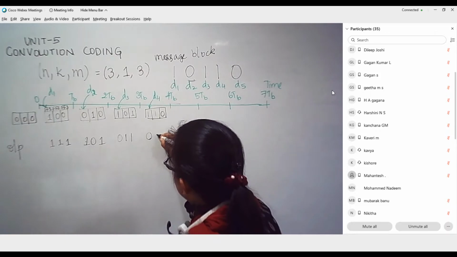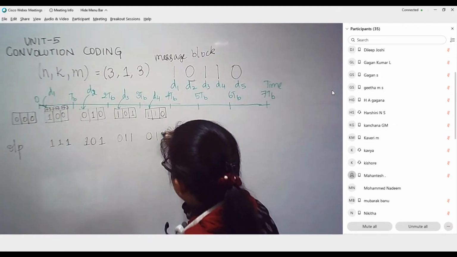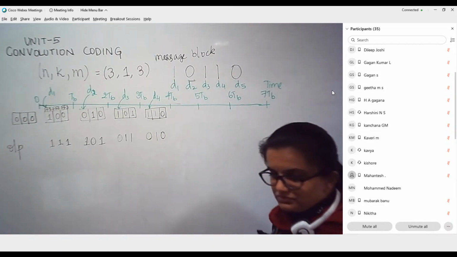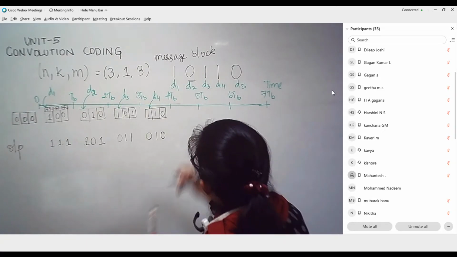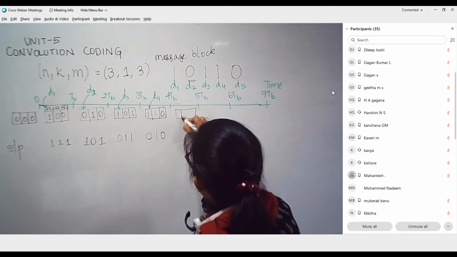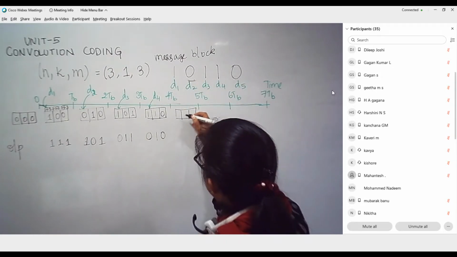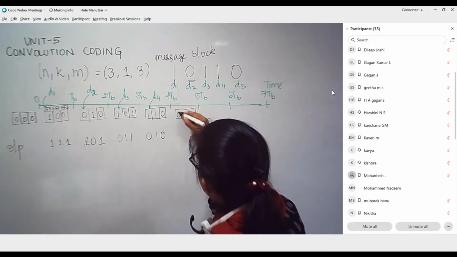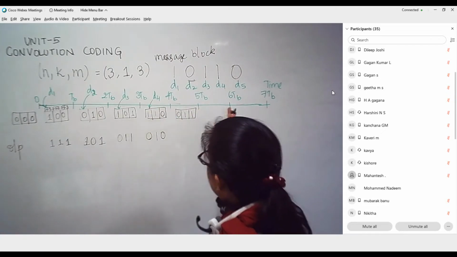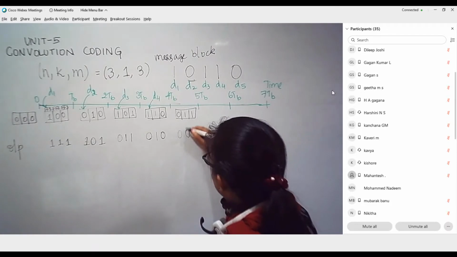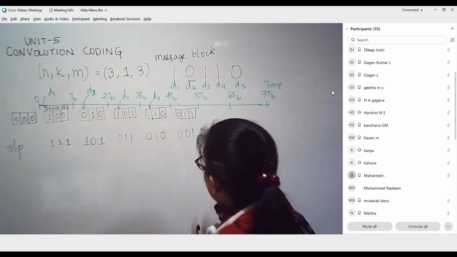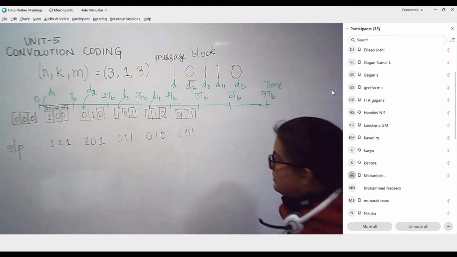Again it is 0, then 1, then 0. Now, the last bit in the message stream is 0. So 0 gets pushed here, then the rest will get pushed to the right. Now you see it is 0, 0, then comes 1. 0, 0, 1 will be the output.